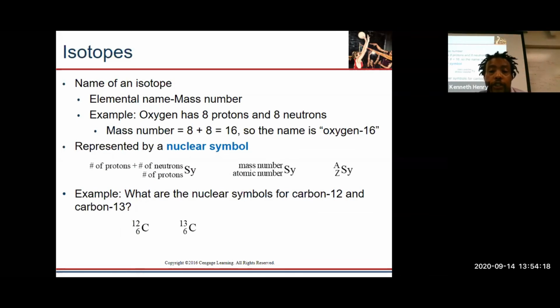One way, you don't actually have to put the atomic number, which is just the number of protons, down here. In most cases, they just write the letter and the mass number up top, and that's it. But when you're talking about nuclear chemistry, because it gets a little more complicated, they want you to include that. But for right now, you can get away with just putting the mass number and not worrying about putting the atomic number down below.